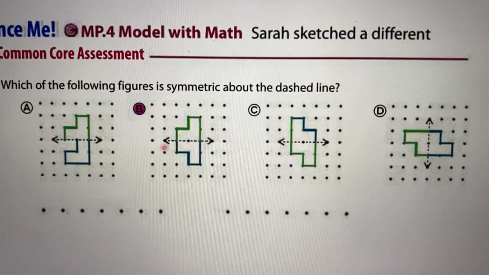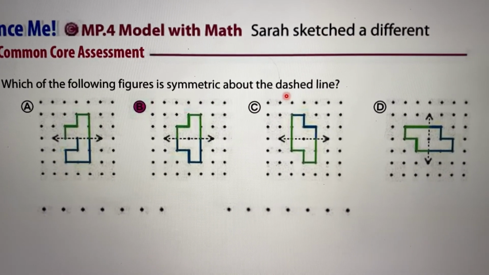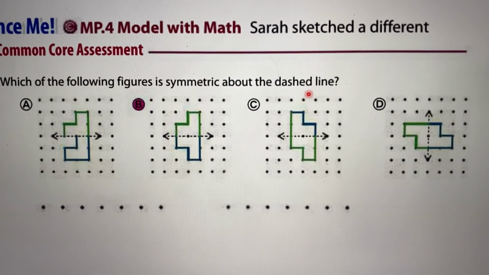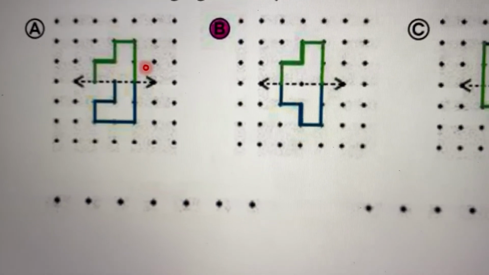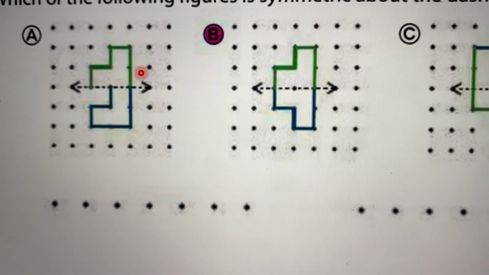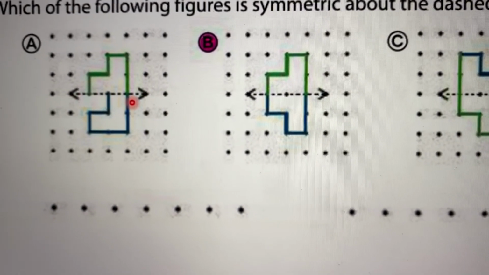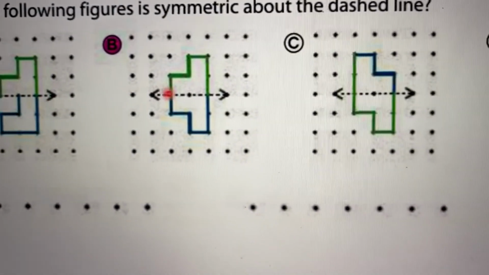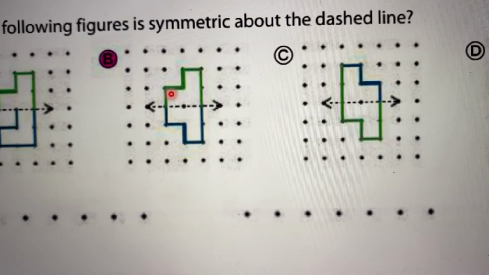The last page: which of the following figures is symmetric about the dashed line? Look here. Think about A. If you folded the paper, are you gonna have a line of symmetry? Is this a line of symmetry? No. B. Yes, it is. They will be exactly matching.